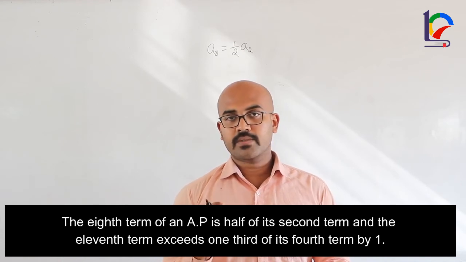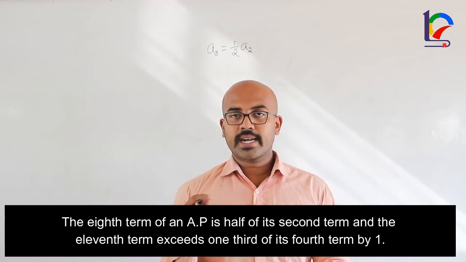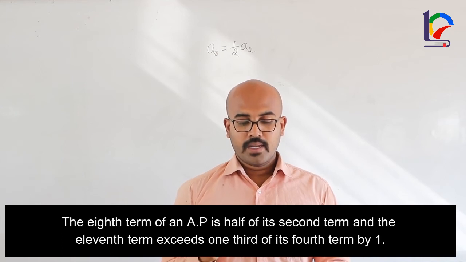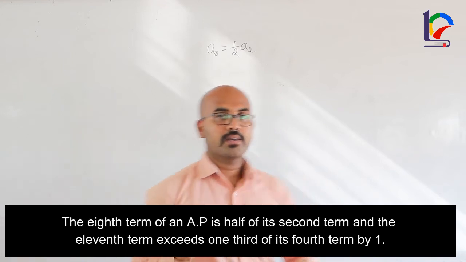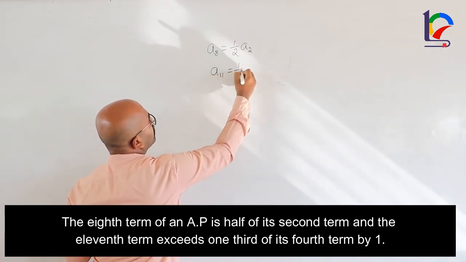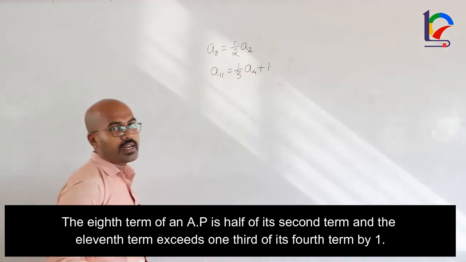So as we did in the first problem, it is a similar one. We got the first condition. The second condition says the 11th term exceeds 1/3 of its fourth term by 1.